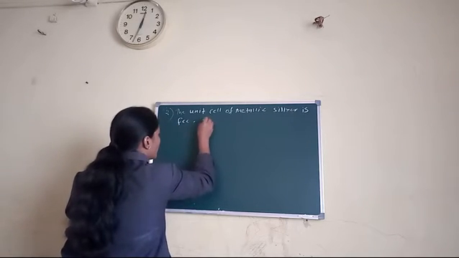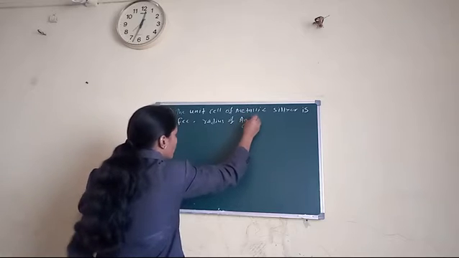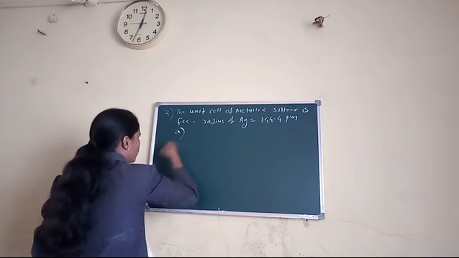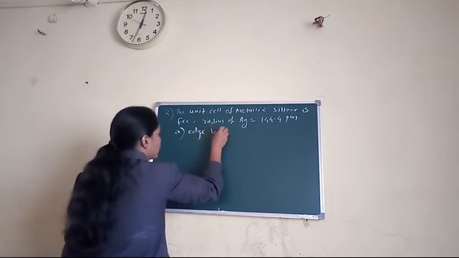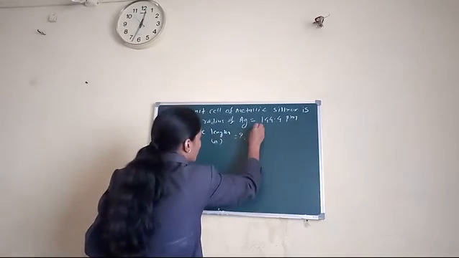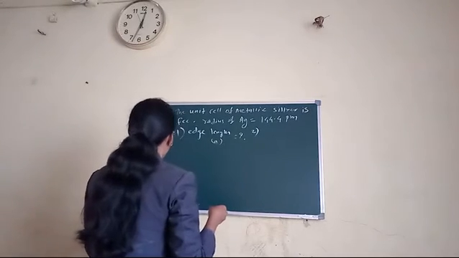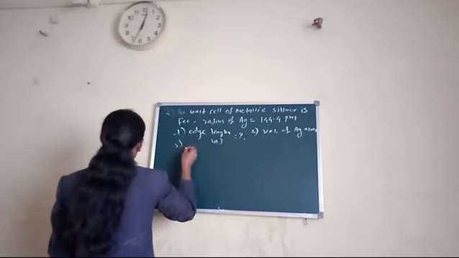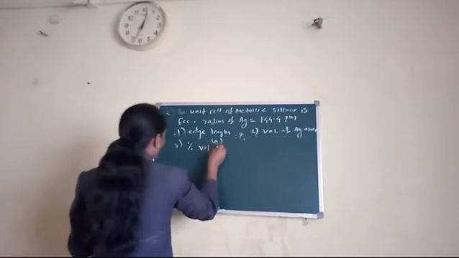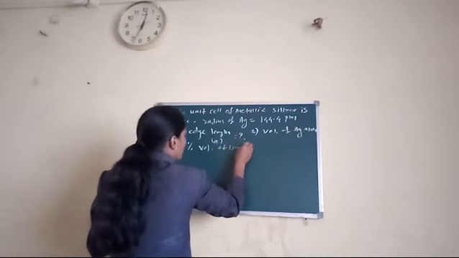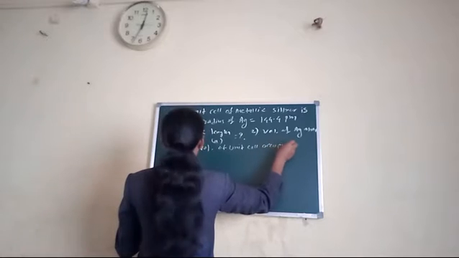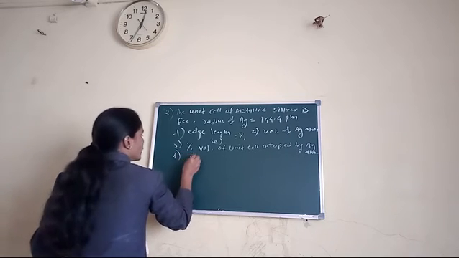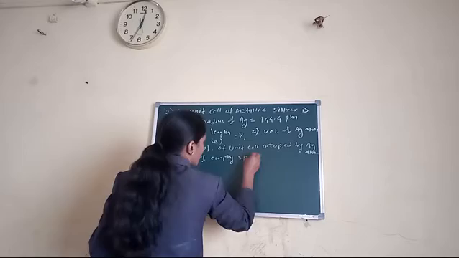If the radius of silver is 144.4 picometer, first calculate the edge length a, second calculate the volume of silver atom, third calculate the percentage volume of unit cell occupied by silver atoms, and last, fourth, the percentage of empty space.